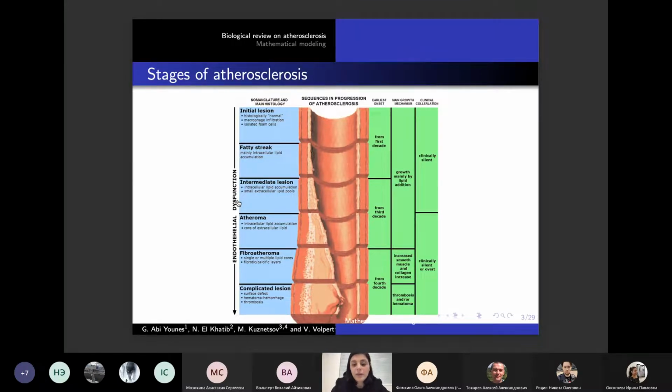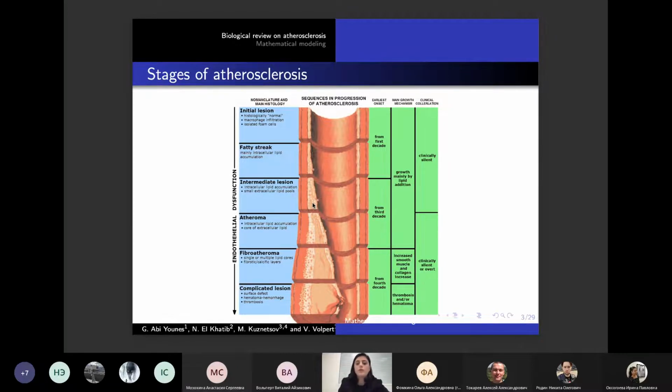If you would like to define what atherosclerosis is, it is better to show this cross-section of the artery, where you can see that the arterial wall is formed of many layers. By definition, atherosclerosis is an inflammatory disease that is characterized by lipid infiltration in the first arterial wall layer, called the intima.